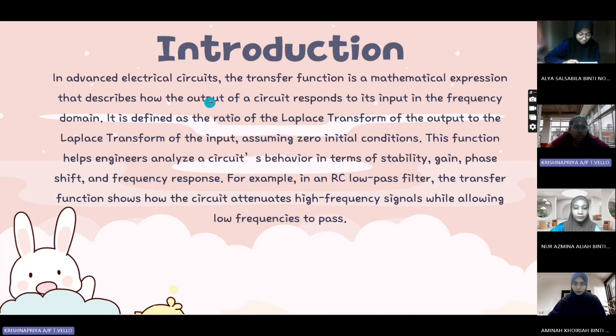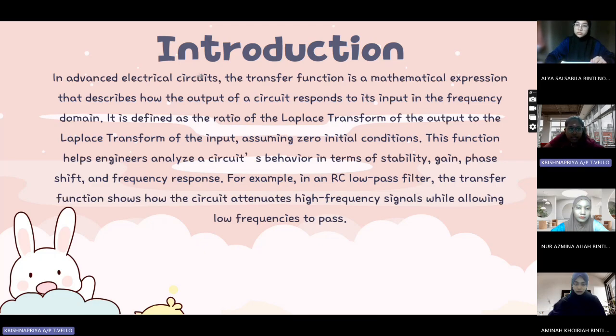Short introduction about Advanced Electric Circuit. It is about a transfer function. The transfer function is a mathematical expression that describes how the output of a circuit responds to its input in the frequency domain. It is defined as the ratio of the Laplace transform of the output to the Laplace transform of the input, assuming zero initial conditions.